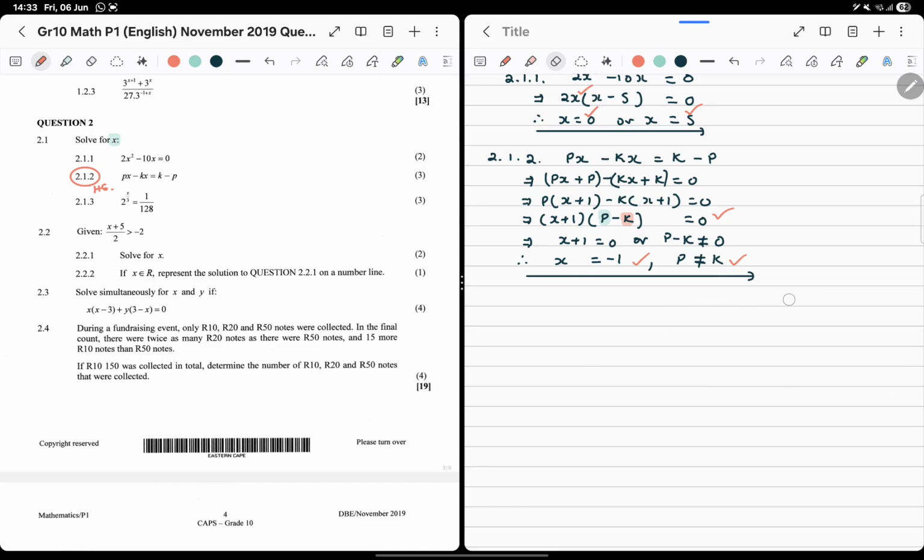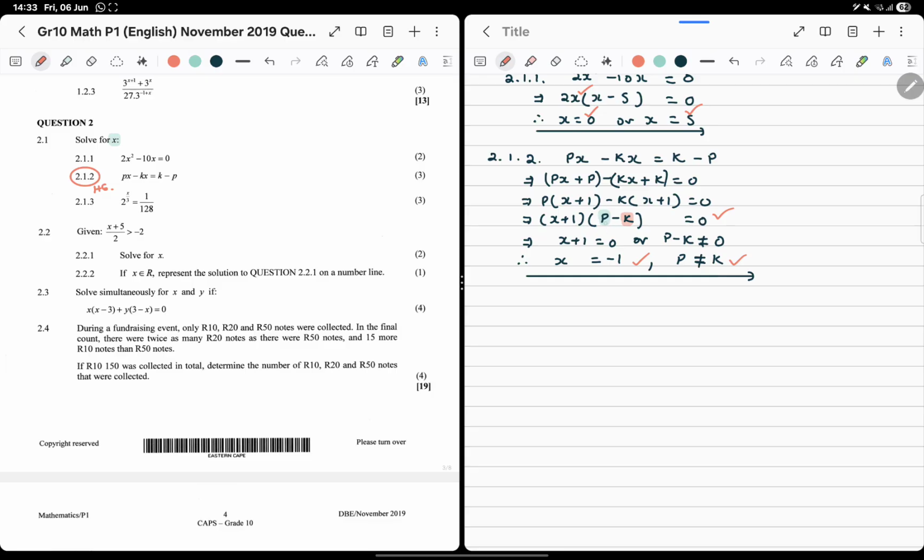But I think you understand though that if these are constants, then they must not be equal for us to have a solution here. Because it means we need to divide by this. This is another way of looking at this.